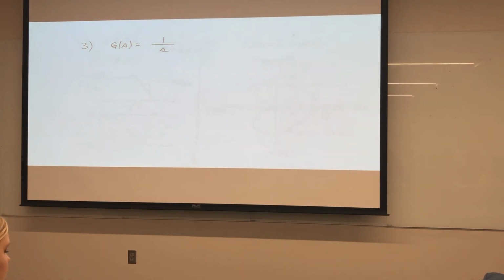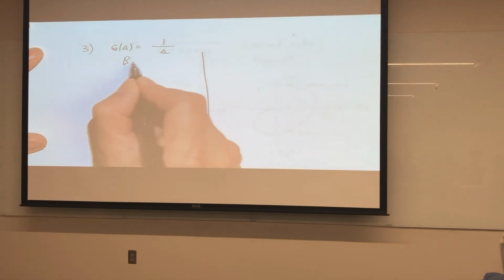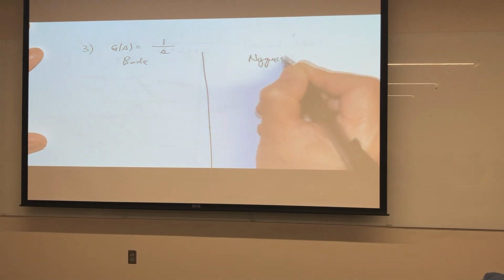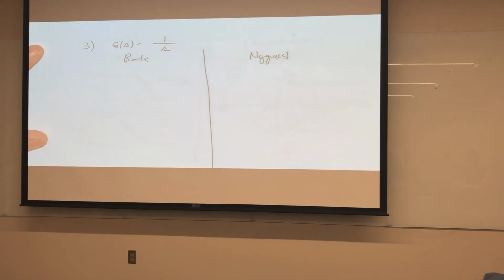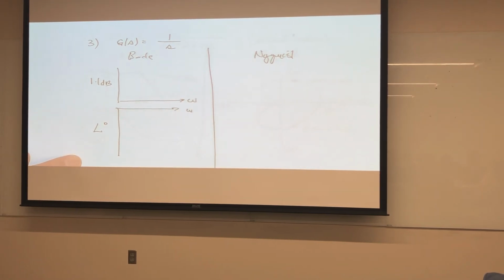Just 1 over s. We'll put the Bode over here and the Nyquist over here. Okay. We're going to plot magnitude versus frequency and phase versus frequency. Okay, this is the Bode over here.